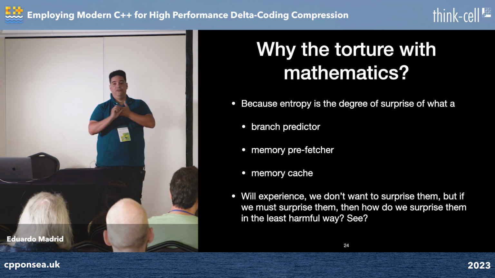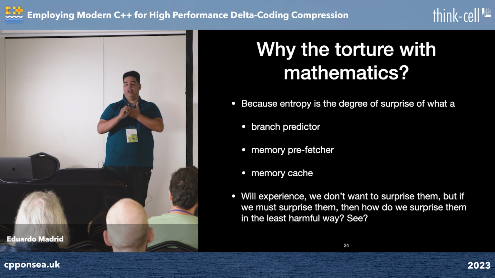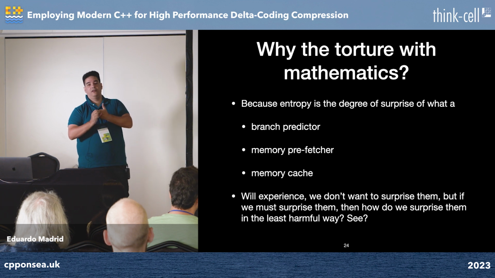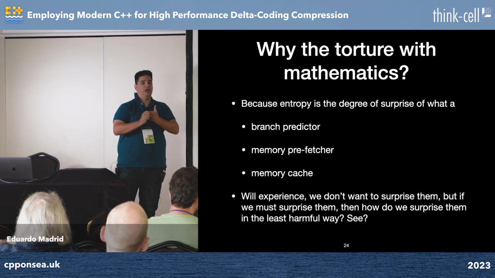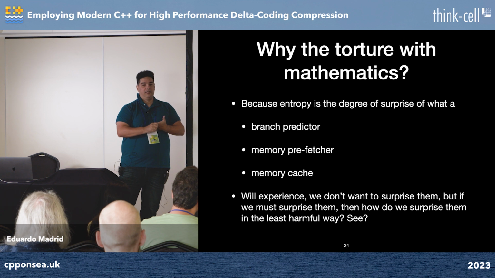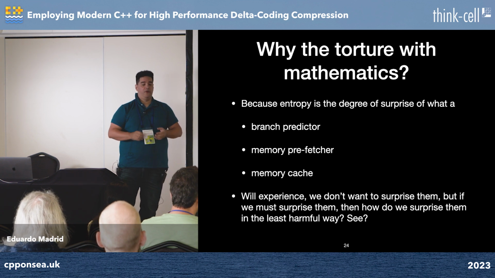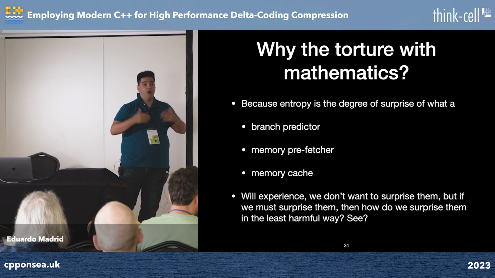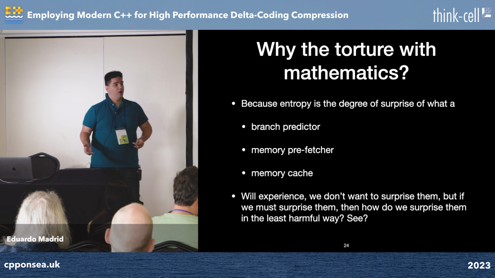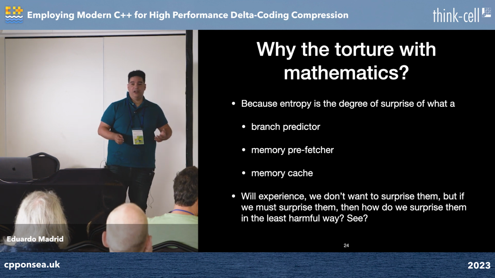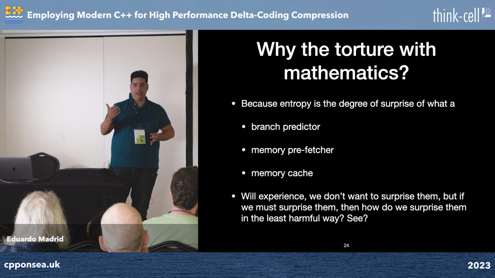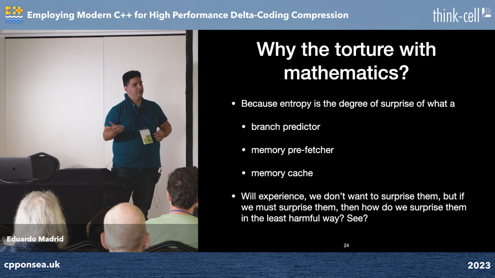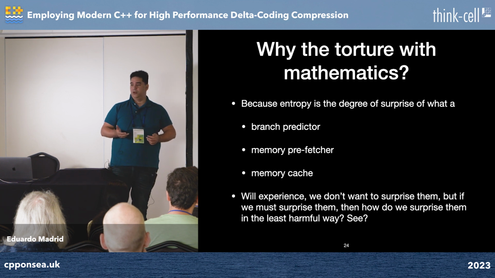So if you surprise them, because your program requires of them things that they were not expecting, then they're going to perform 100 times, 200 times more poorly than if they are able to correctly anticipate what the program or the stream of execution is going to ask of them, okay?